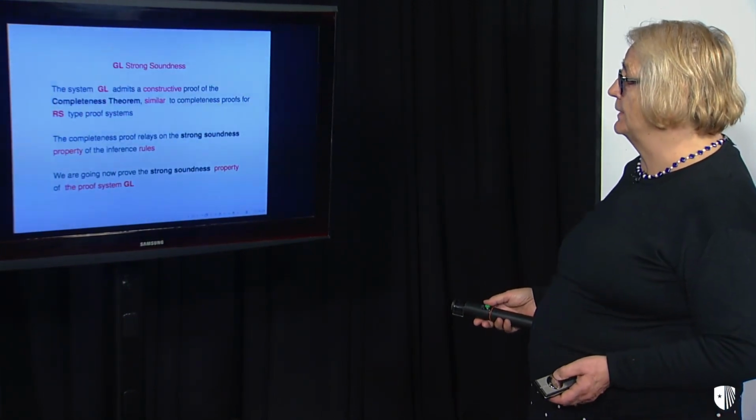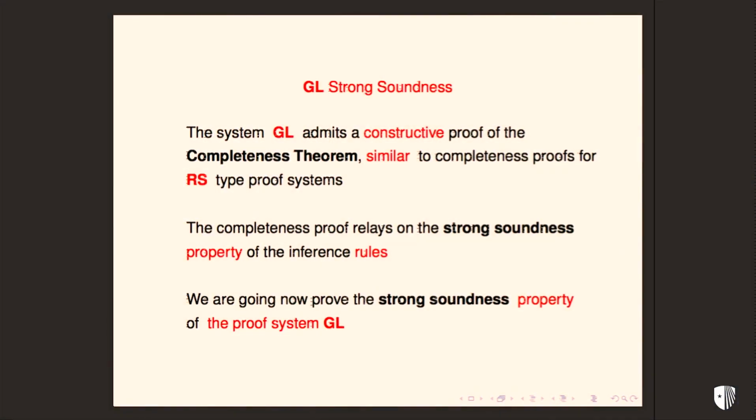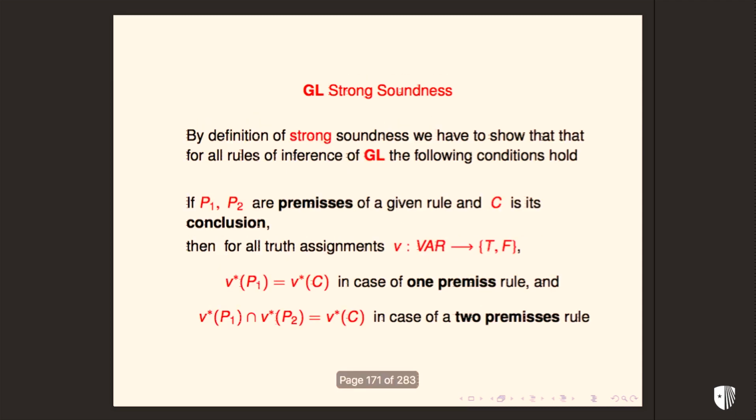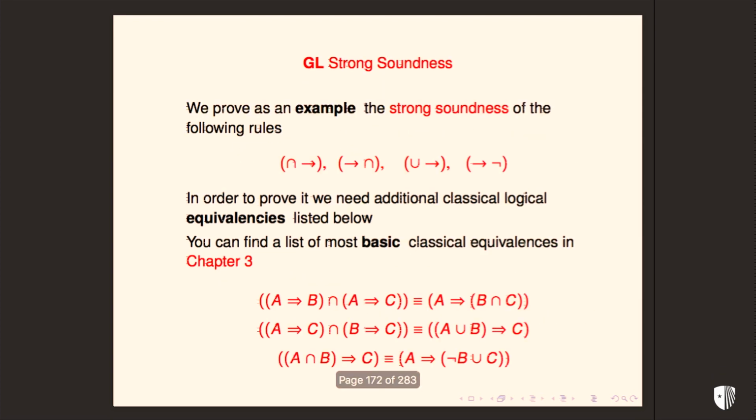Now we have soundness and completeness we want to have, and we want to have constructive proof, as we did. Now, these horrible rules are also strongly sound. And of course, I wrote what is strongly sound: the value of the conjunction of premises is equal to the value of the conclusion, and so this is our strong soundness.